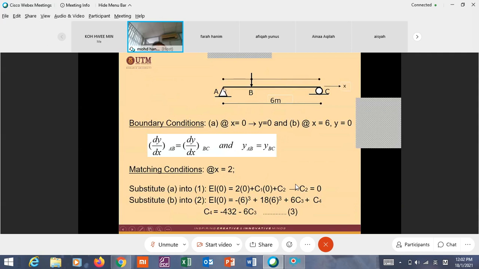The first boundary condition is x equal to 0, y equal to 0. Here, deflection is 0. The second boundary condition is x equal to 6 meter and y equal to 0. Another boundary condition, you see here, when x equal to 2, the deflection for segment AB is equal to the deflection for segment BC.